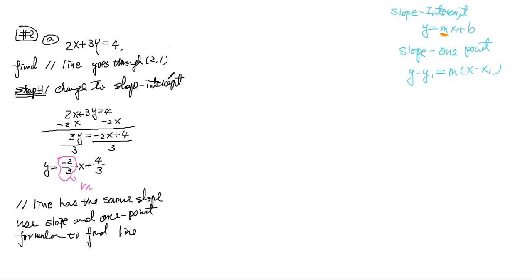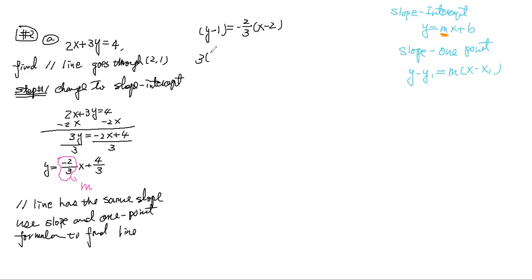Because the line has the same slope, I use the slope, so y minus 1 is equal to negative 2/3 times x minus 2. Let's simplify a little bit by multiplying by 3 on both sides.